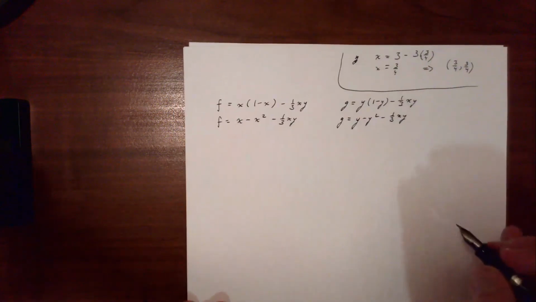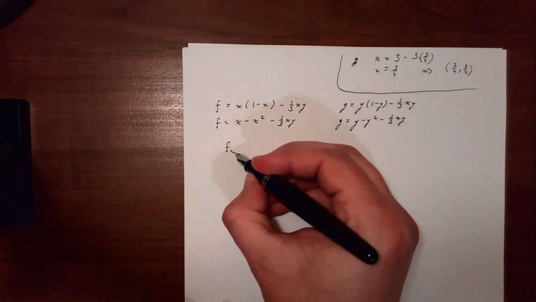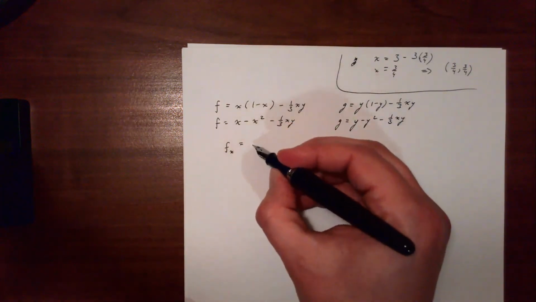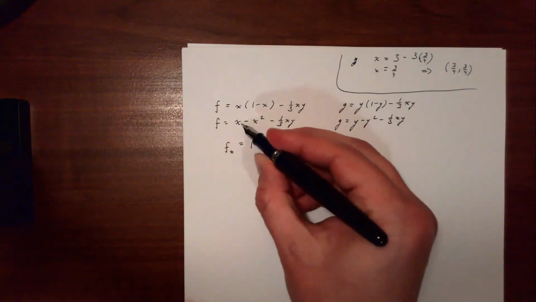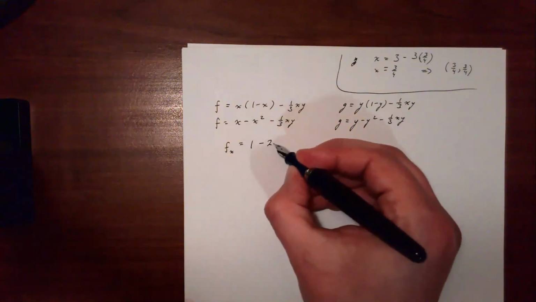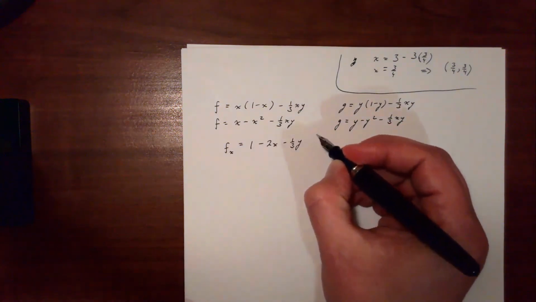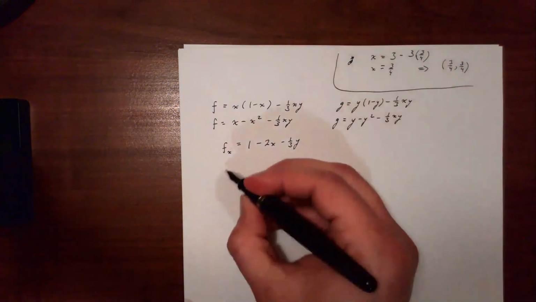And so then when we want to find the Jacobian, we'll need to find some partial derivatives. So taking the partial derivative of this with respect to x, it's going to be 1 minus 2x minus 1/3 y. Remember, we're treating y basically like it's a coefficient of x here.